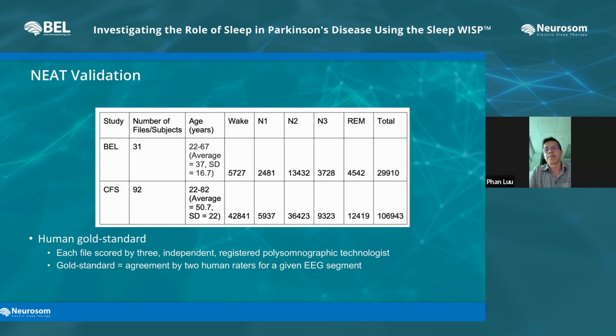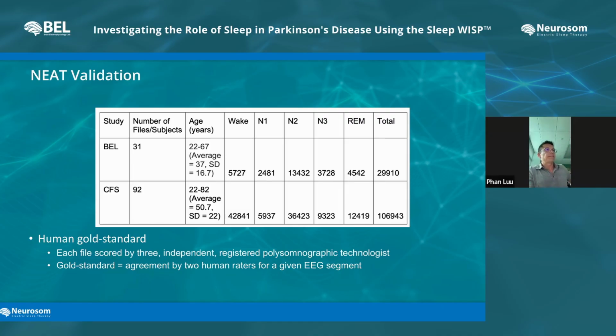When two agree, we fix the first two raters, and then we see how often the third rater agrees with these two for a given segment according to the gold standard. Then we can change that around for the other raters.